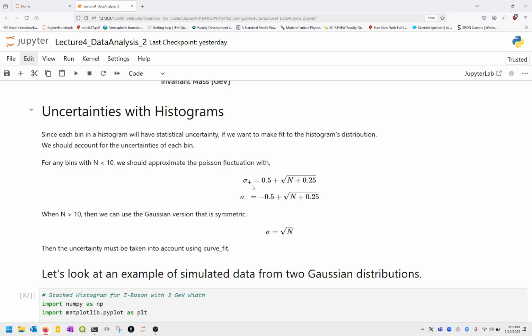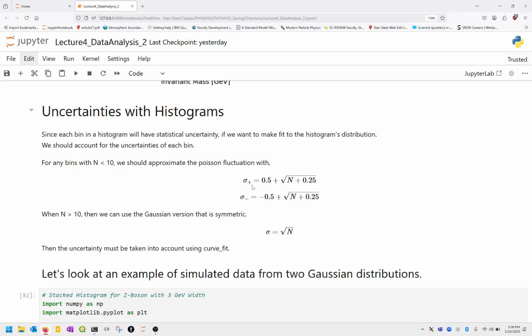It's an asymmetric uncertainty. The right-hand side of the Poisson distribution is not the same shape as the left-hand side, whereas the Gaussian it is. But if you have more than 10 events in the bin, you don't have to worry about it. You can just assume it's pretty Gaussian, and they're pretty close together anyway.